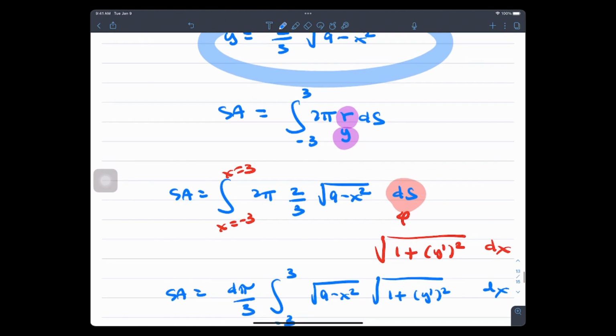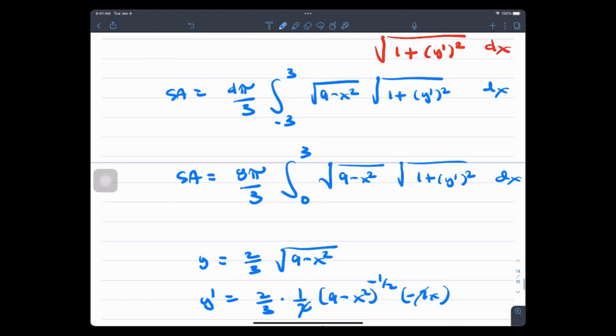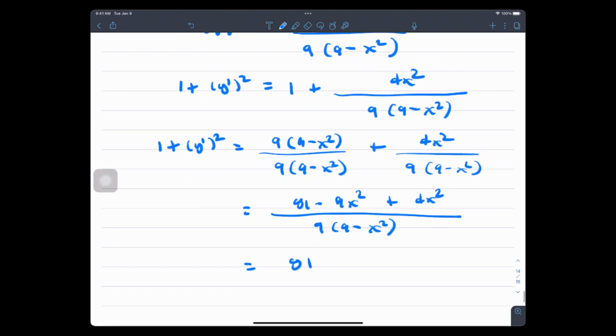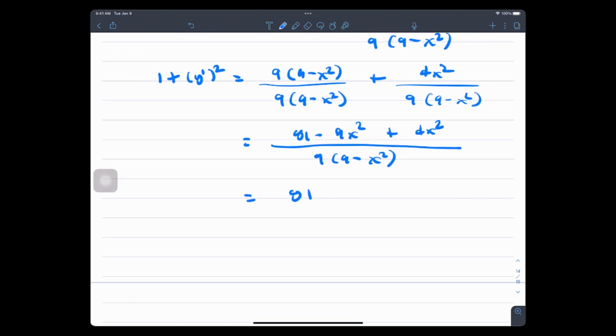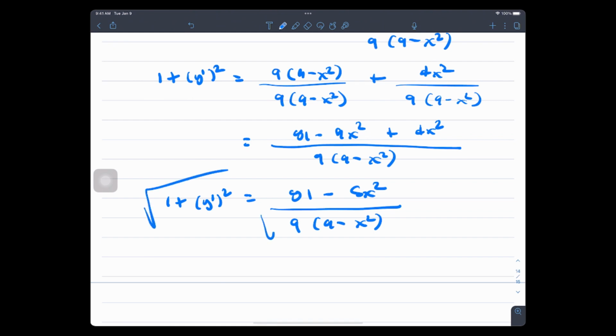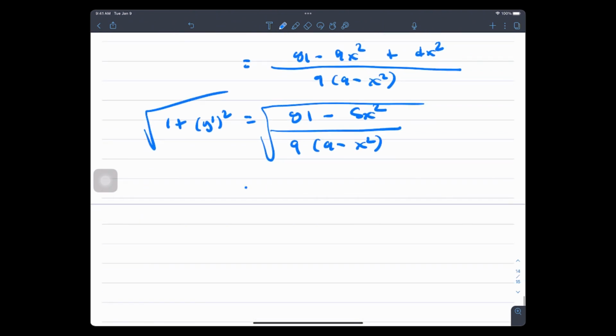Okay, we got y there. Anyway, what's that? 81 minus what? 5x squared over what? 9 times (9 minus x squared), I guess. So double check to see if we're okay. It looks like we are. So we end up with square root of 81 minus 5x squared over 3 square root of 9 minus x squared.